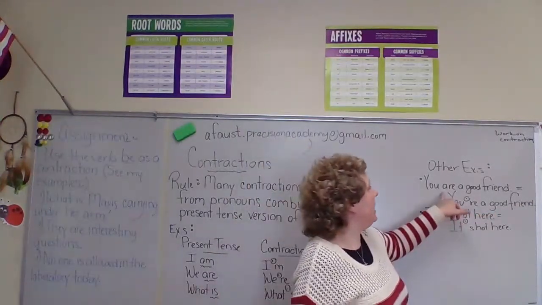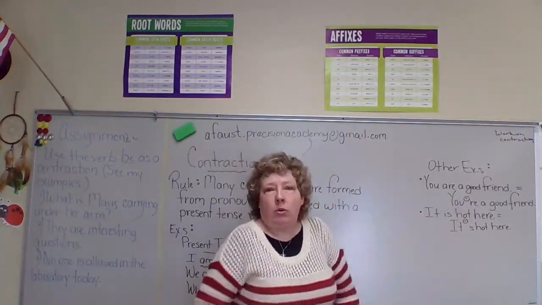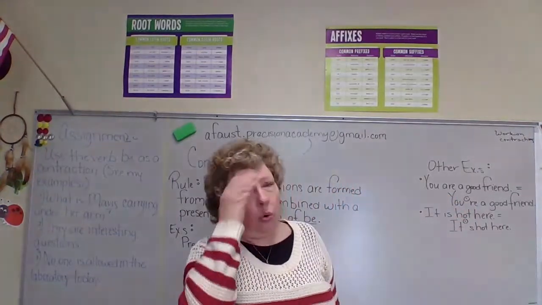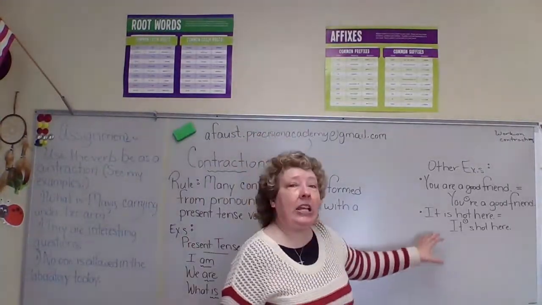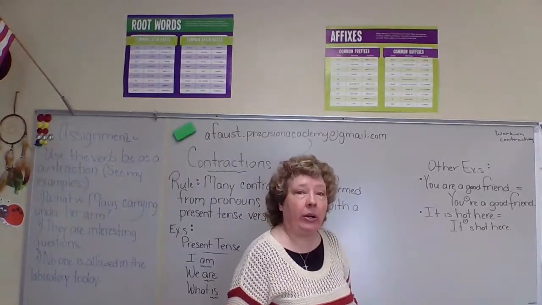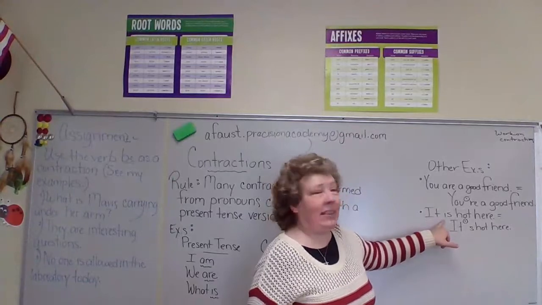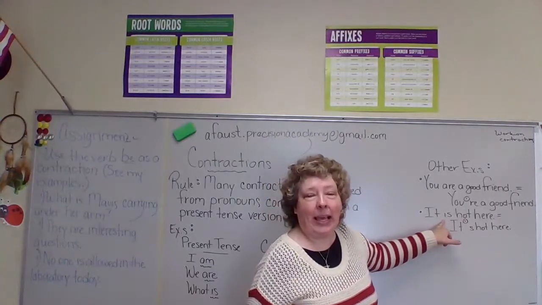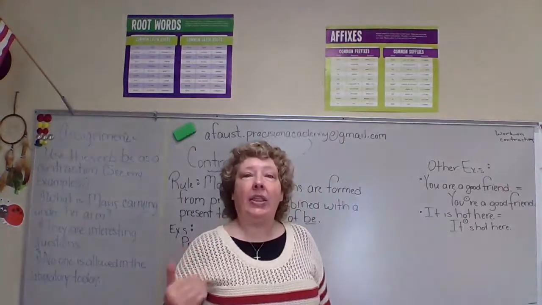We lost the A, didn't we? Finally, woo! It is hot in here. Woo! Wipe that sweat off. It is hot here turns into it's hot here. We lose that I. Not this one, but that one, don't we? Okay. And we remember to put the apostrophe between the T and the S.